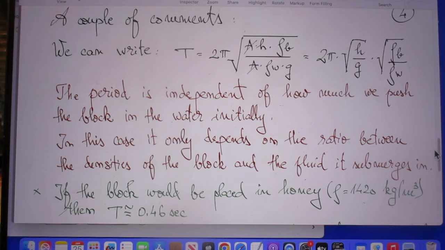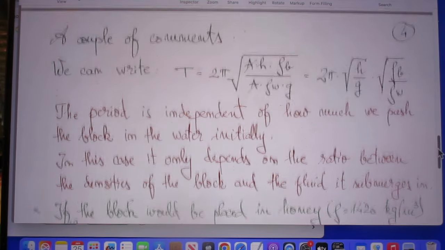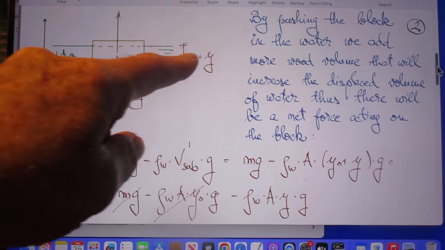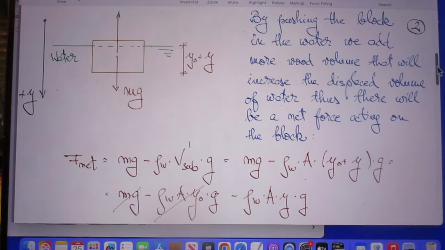The period is independent of how much we push the block in the water initially. So the period is independent of this y.